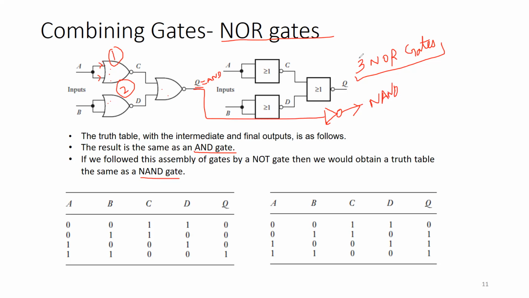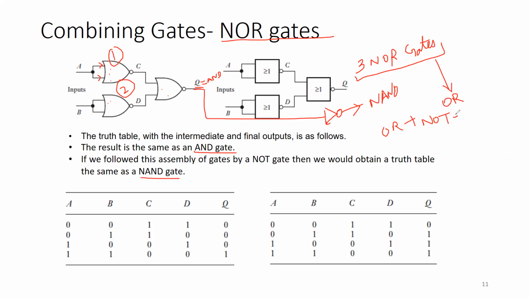Similarly, a different combination of NOR gates will also give you an OR gate. NOR gate से OR gate कैसे लगेगा? NOR gate is nothing but OR plus NOT.